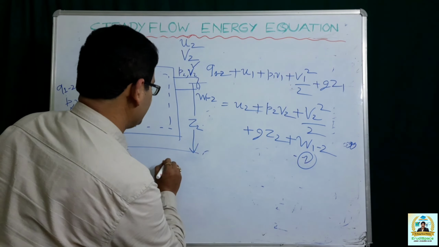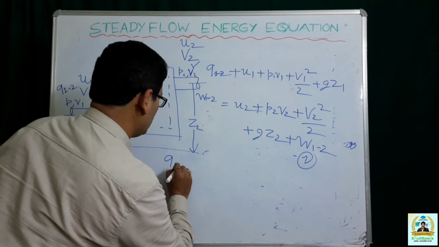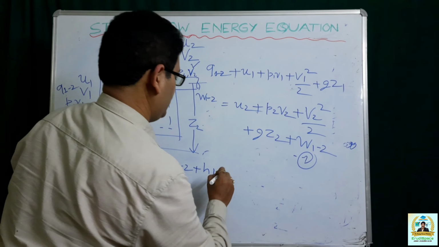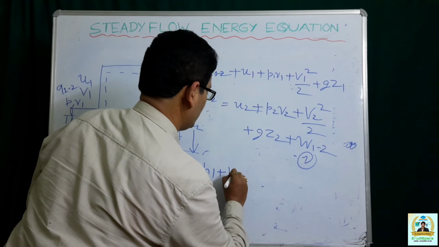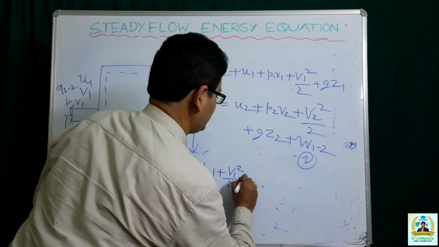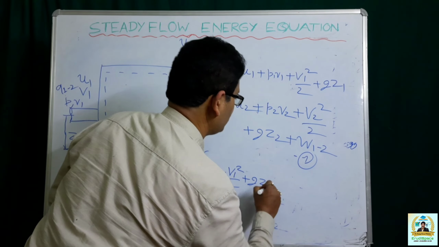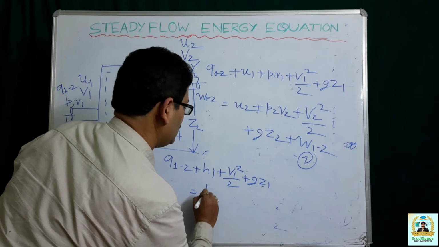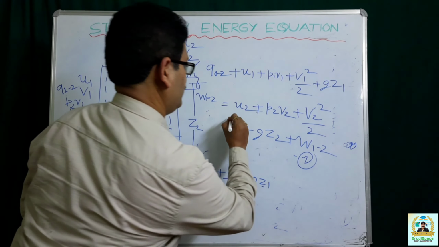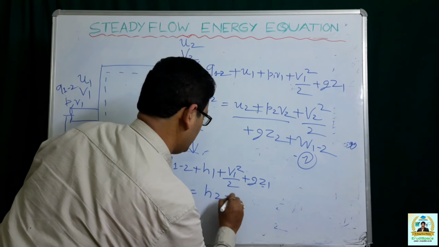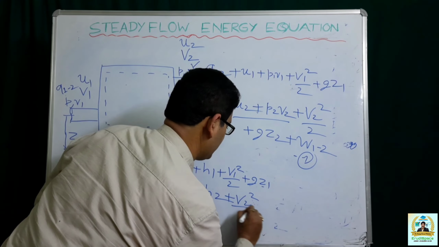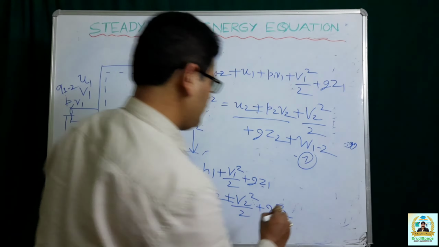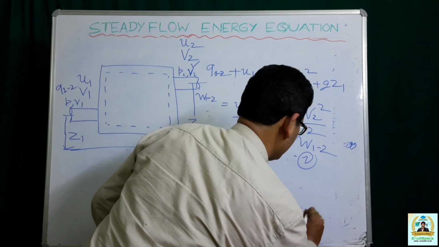So this can be represented in this way: Q12 plus H1 plus V1 square by 2 plus Z1 is equal to H2 plus V2 square by 2 plus Z2 plus W12.